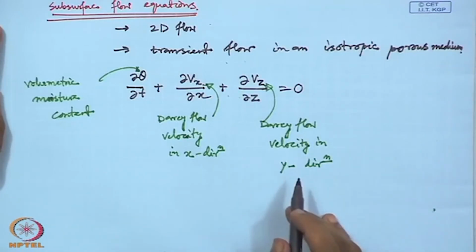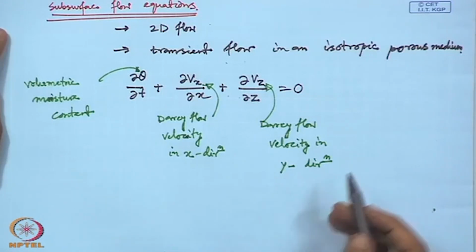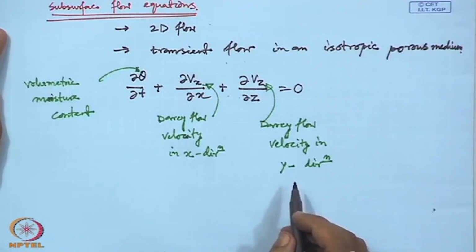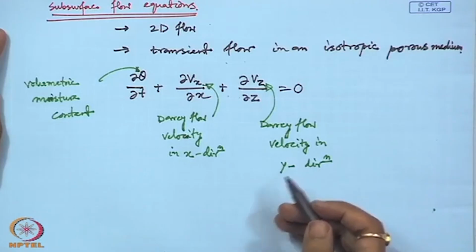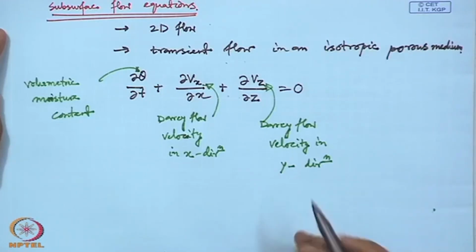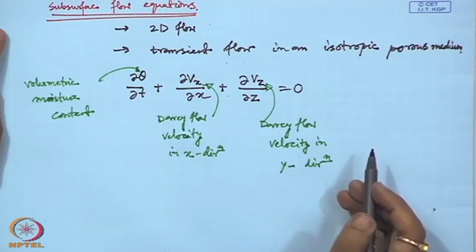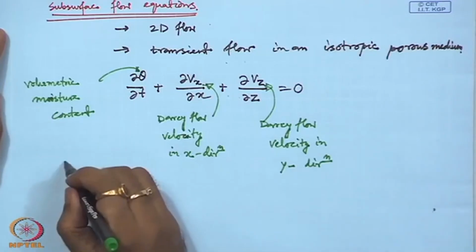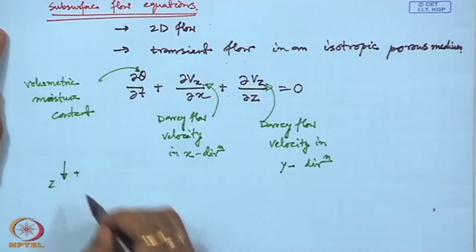So, in this case x and z are distances along two coordinate directions, and z is taken as positive downwards.